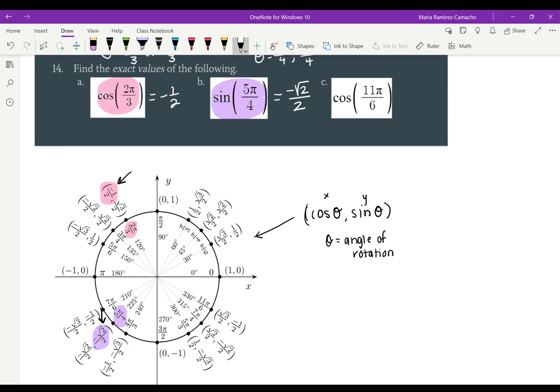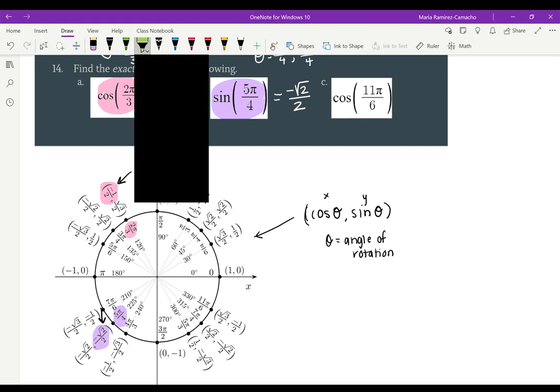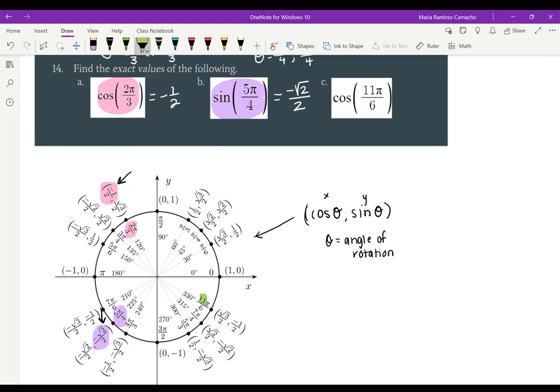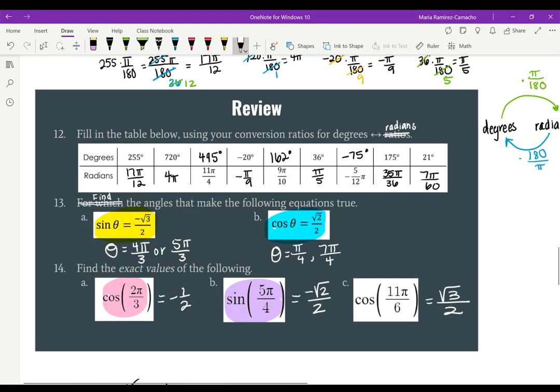Finally, cosine of 11 pi over 6. There's 11 pi over 6. The cosine would be that x-coordinate. So root 3 over 2. That is it for this slide.